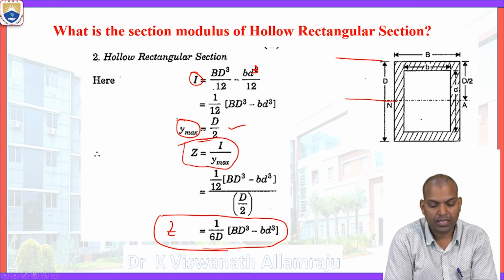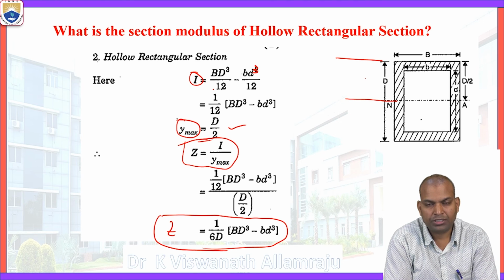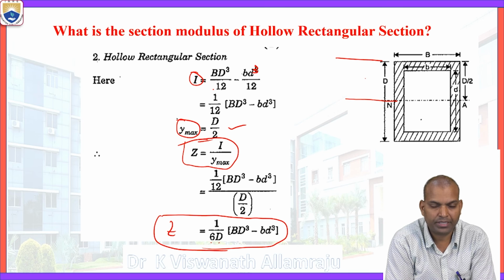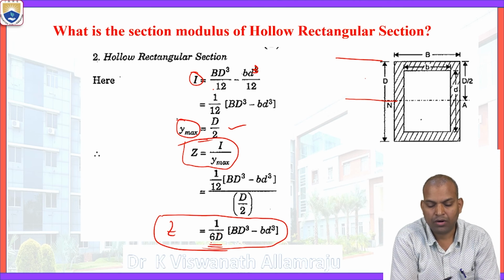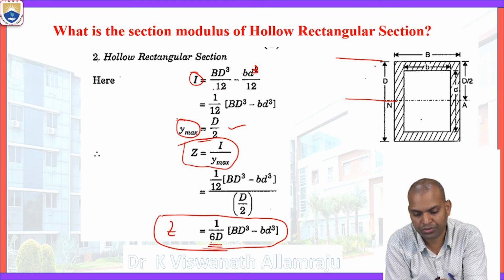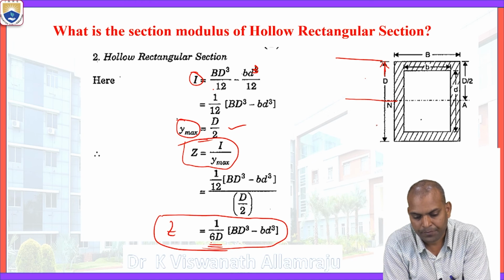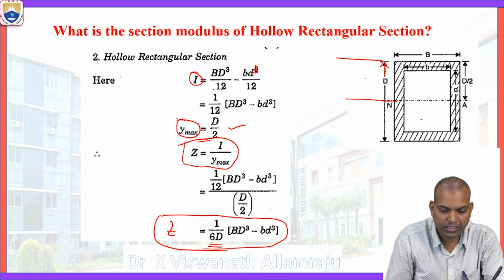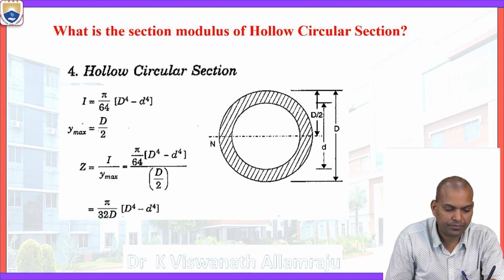Here it is capital B D cube minus small b d cube by 6 times capital D. Here D is the outermost depth, and the inner depth is small d. So this is for a hollow rectangular section.